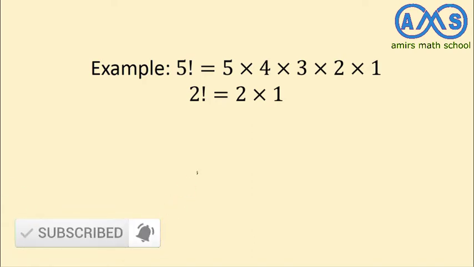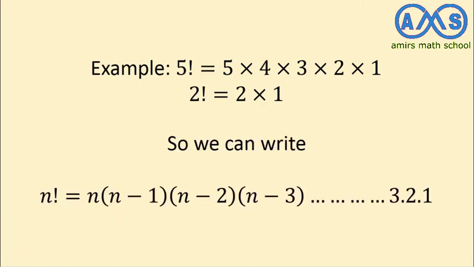And 2 factorial equals 2 into 1. So we can write n factorial equals n, and 1 less than the previous, that is n minus 1, n minus 2, n minus 3 and finally up to 1. The multiplication of these numbers we can write as n factorial.